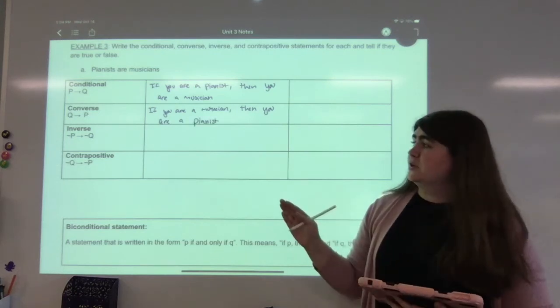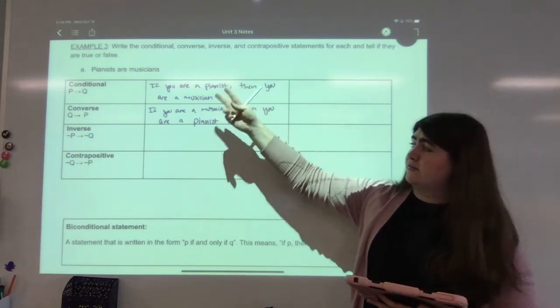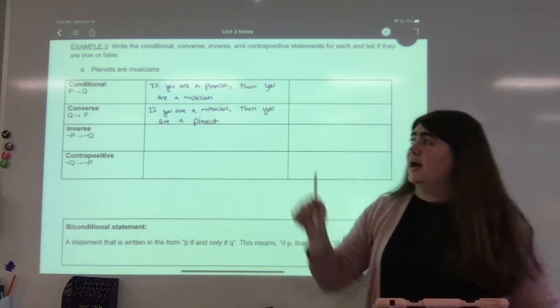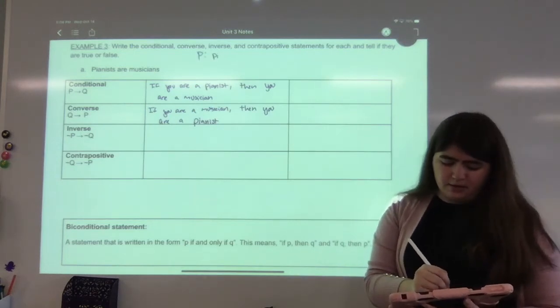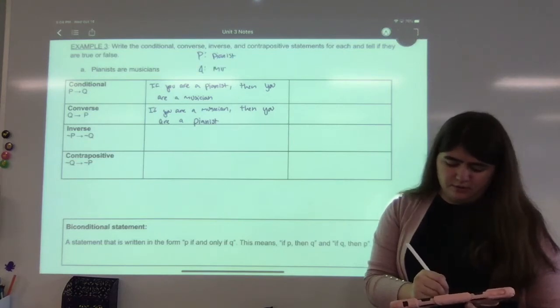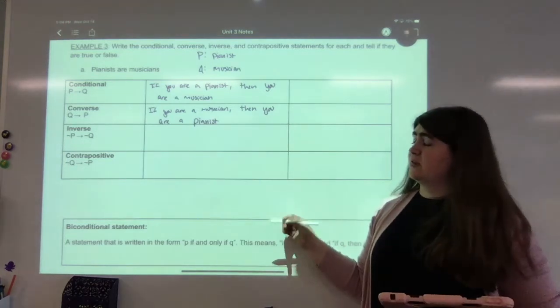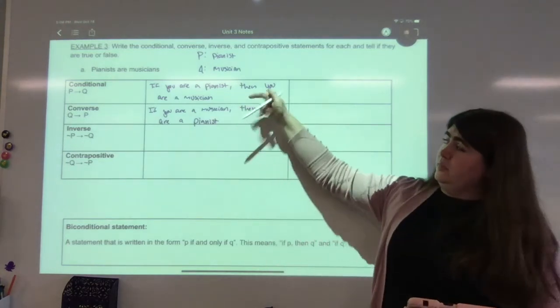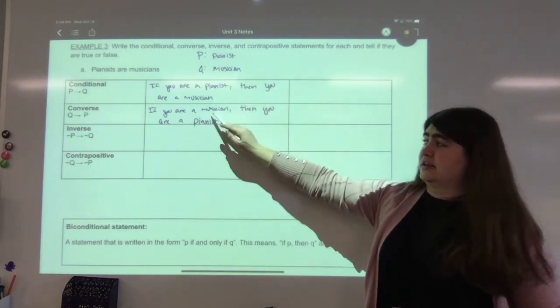If it helps you, instead of just recognizing the pieces and flipping them, I would write out at the top. So P would represent the pianist, and Q is representing musician. You can write the separate pieces more fully. This is enough for me, so I'm going to leave it like that and just fix it in the sentence.